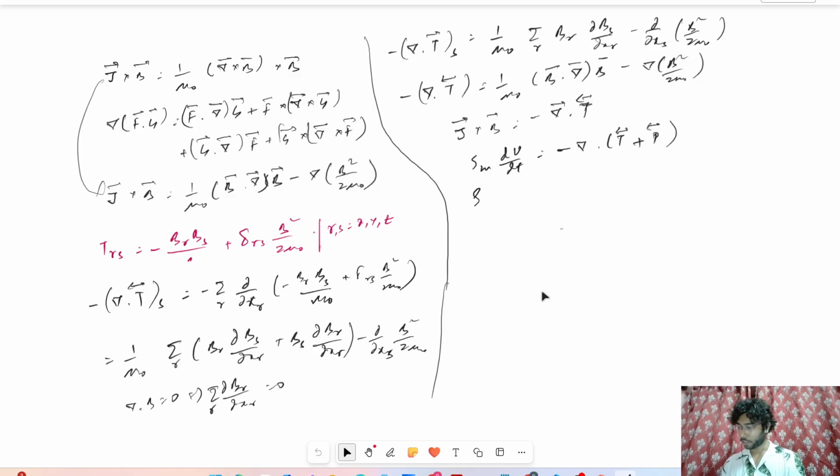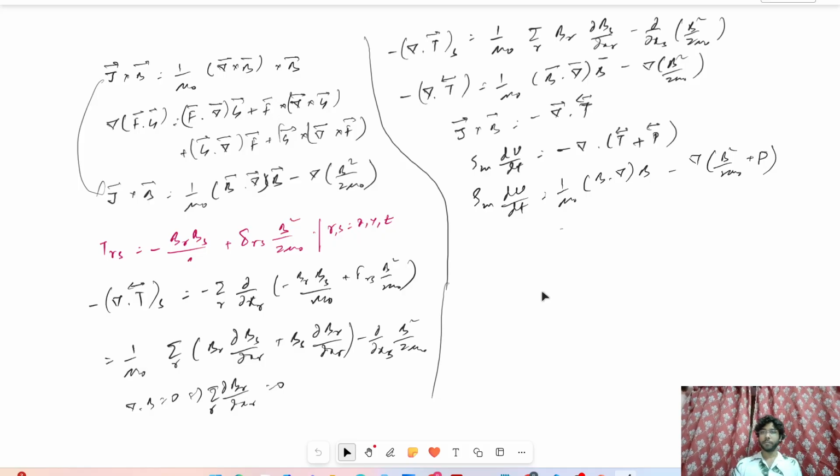Also we can write it in another form. So B dot del B minus del B squared by 2 mu naught plus P. This is another form we can write, and this has a physical meaning actually. This is the magnetic tension and this is the magnetic pressure, and hence it can be clubbed with the gas pressure.